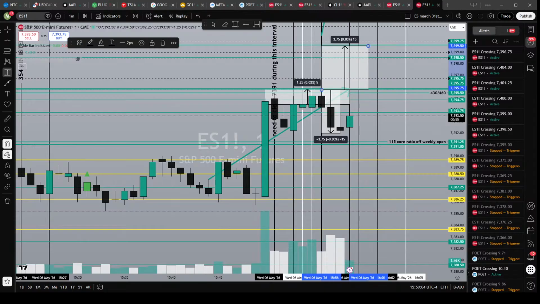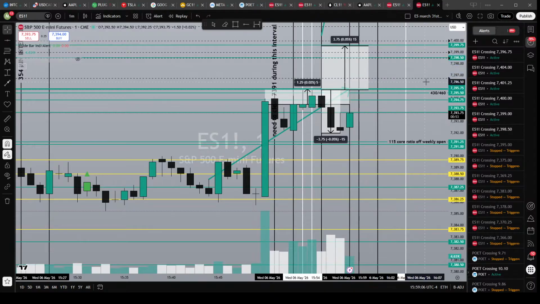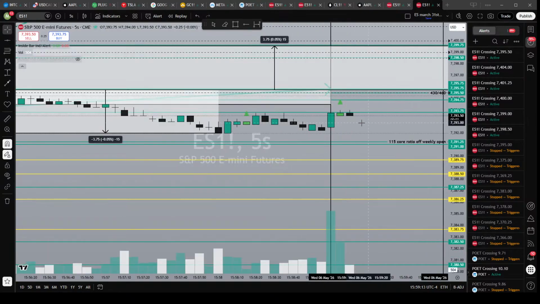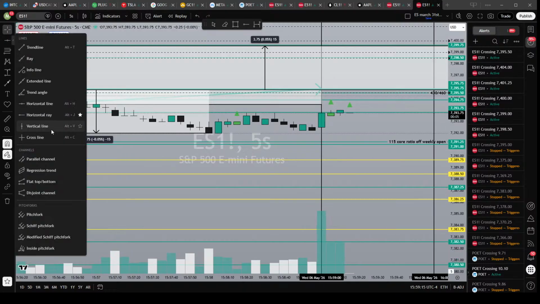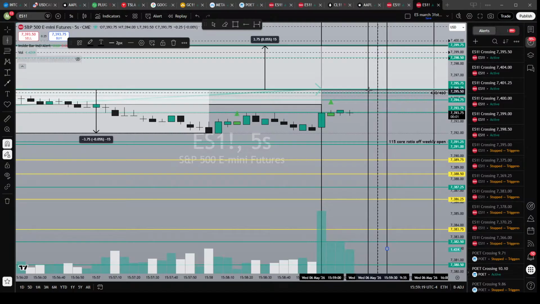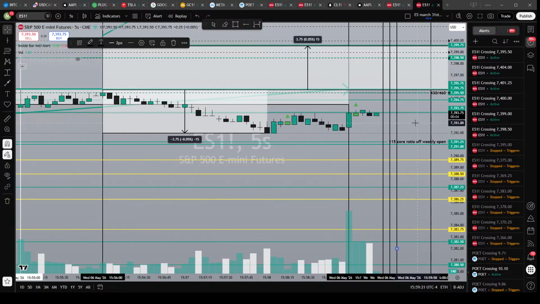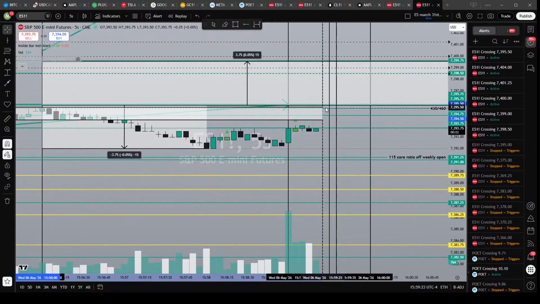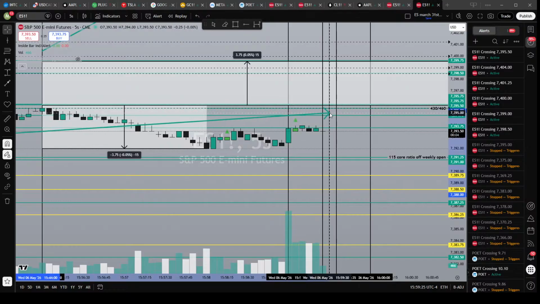We'll see if they can trigger 7,395 within the first 30-second interval here. So here, then they still could have those odds. Okay, let's see.